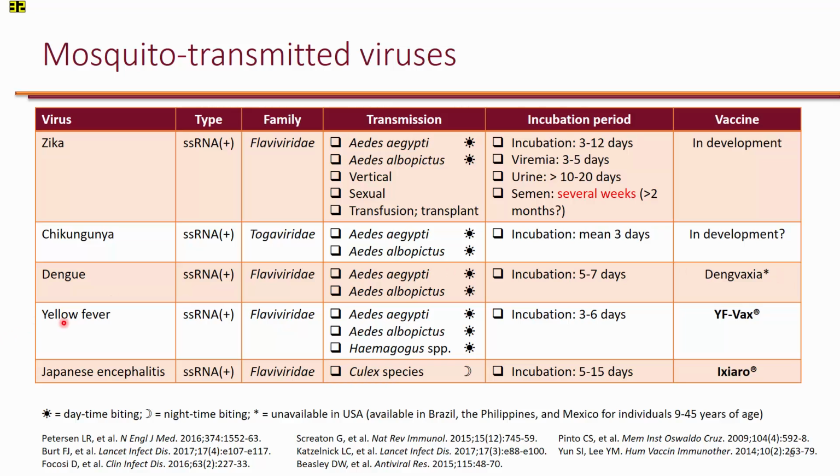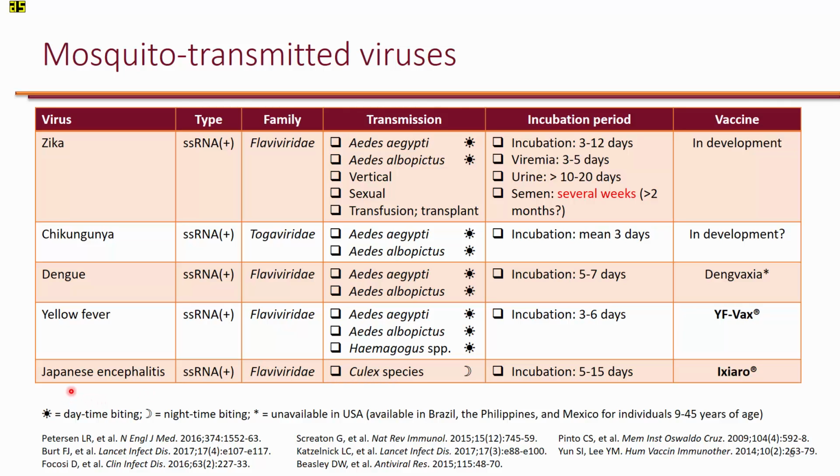Now, for yellow fever, the two Aedes species of mosquito will transmit, as well as the Haemagogus species of mosquitoes, which also bite during the daytime. We do have a vaccine available for yellow fever. It's called the yellow fever vax, and I will talk more about that later.